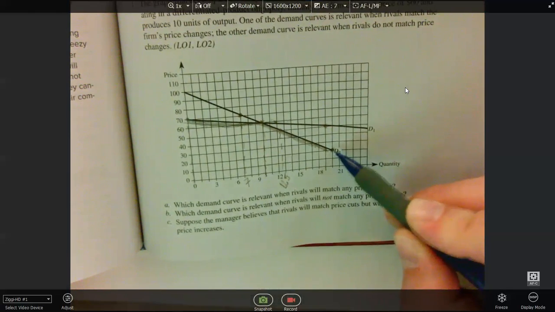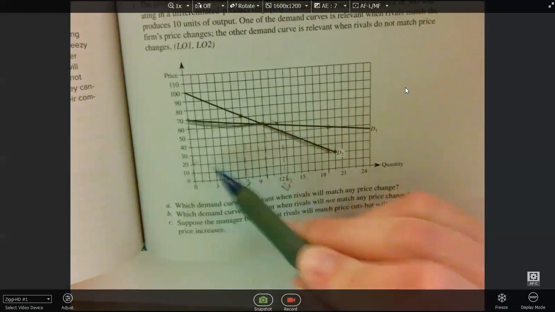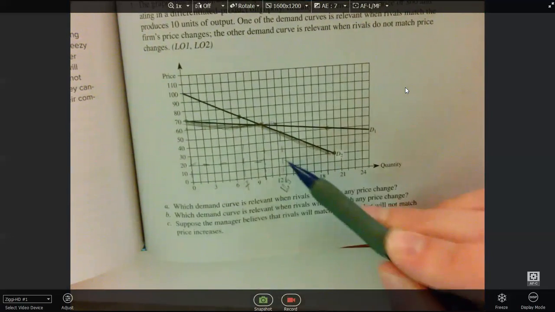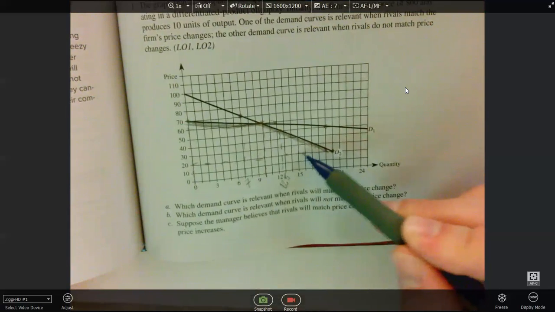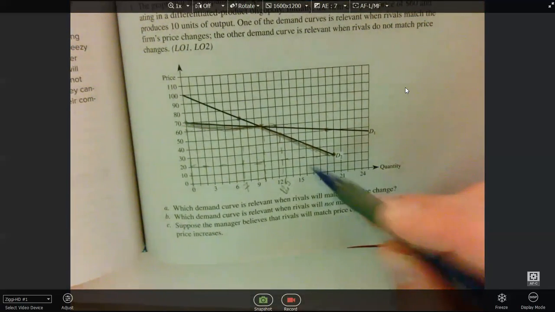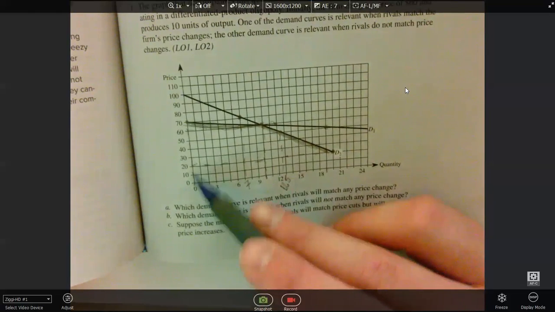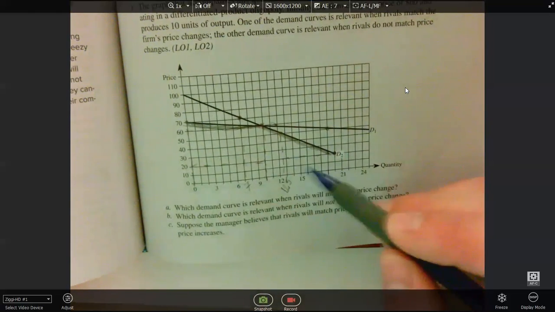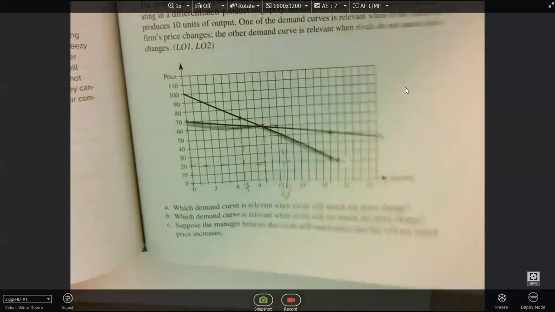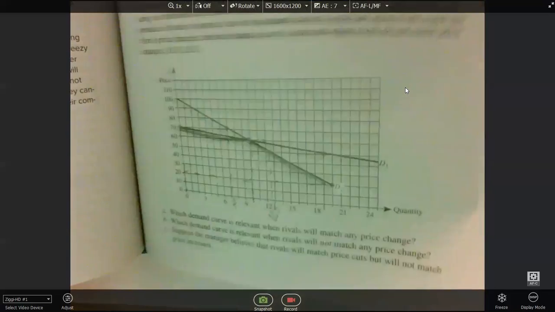So we're going to be charging $20, right? Our total revenue would be $400. Does that make sense? That would just be this rectangle here, between 0, 0, 0, 20, 20, 20.